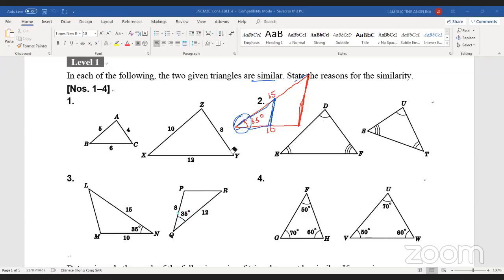Now in this case, we need to really check, because you can see that the ratio may not be an integer. Now I try to do this one. You will think that LN should be the longer one, QR should be the longer one. Therefore, I will use LN compared with QR, which is LN is 15, QR is 12, right?